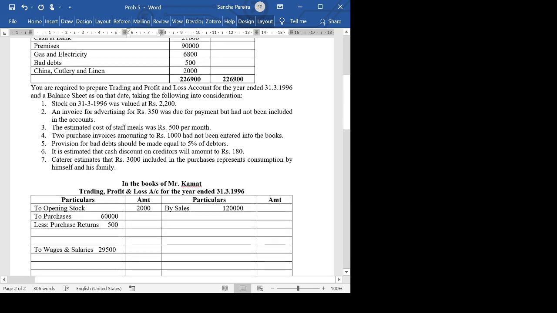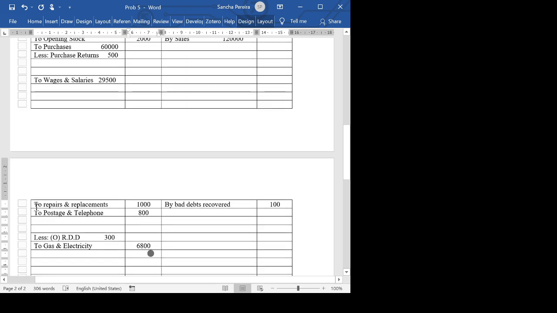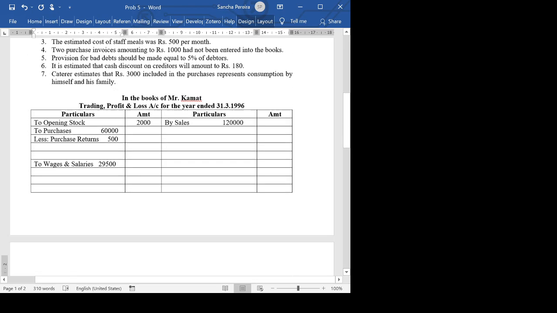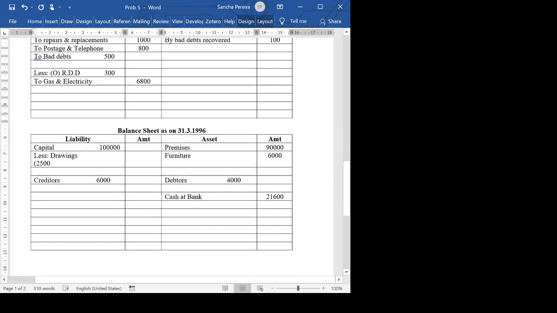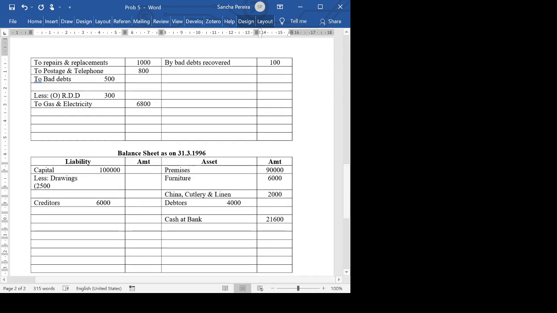And bad debts 500. And the last is China, cutlery and linen 2,000. There's no depreciation, so I'll write it directly in the outer column.